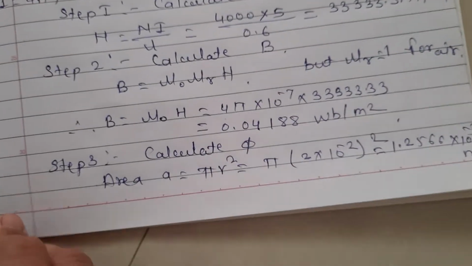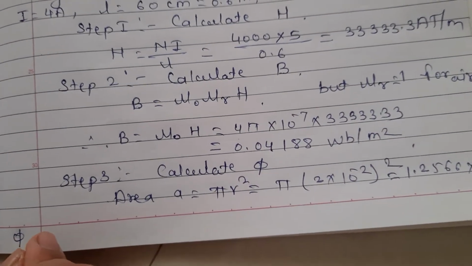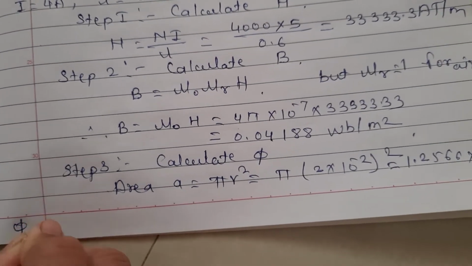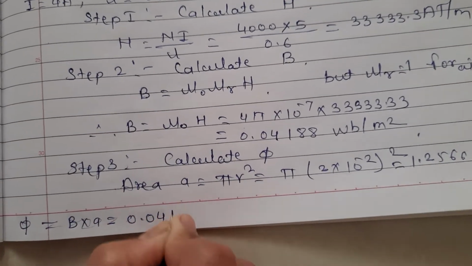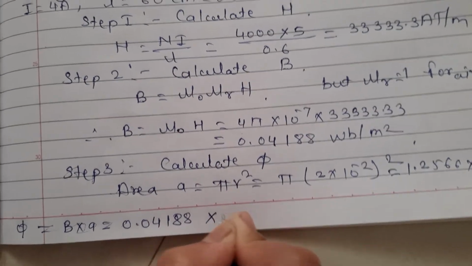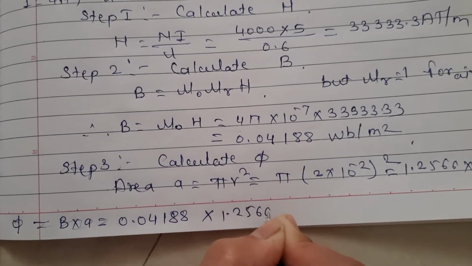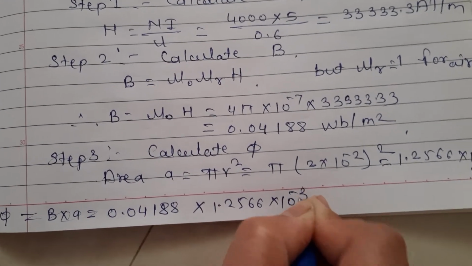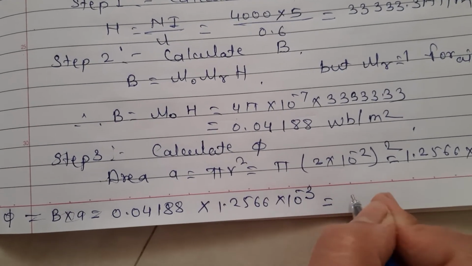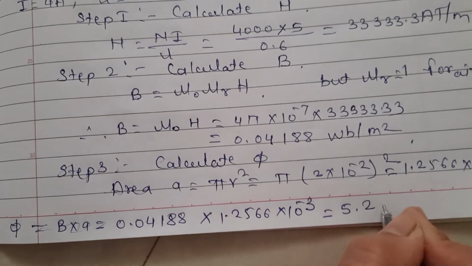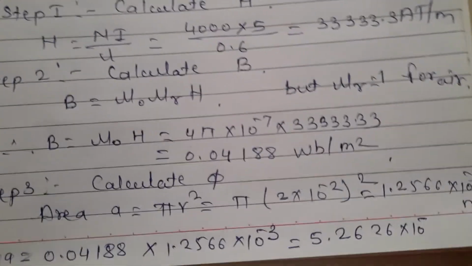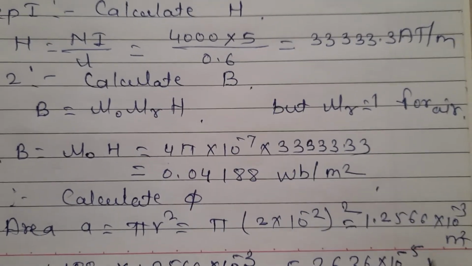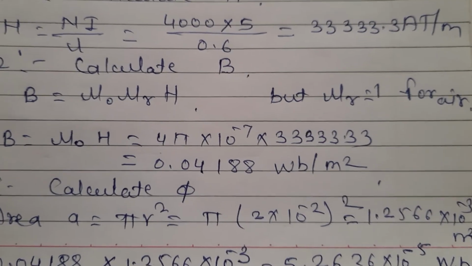So phi is B into A. So it is 0.04188 into 1.2566 into 10 raised to minus 3, which is equal to 5.2626 into 10 raised to minus 5 Weber. This is the answer.